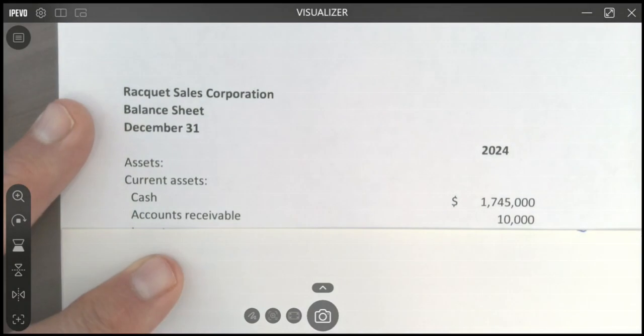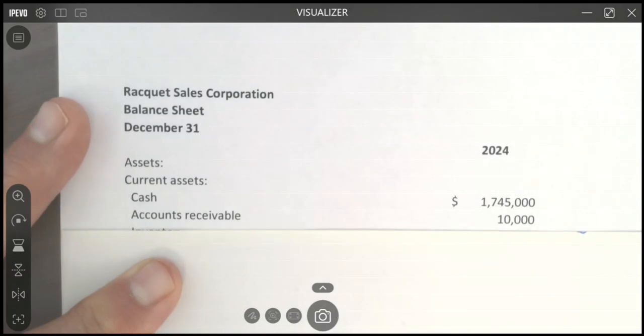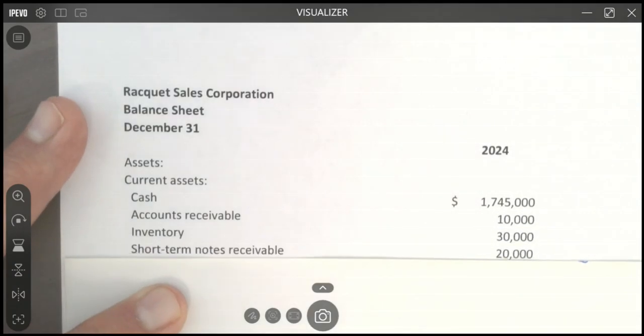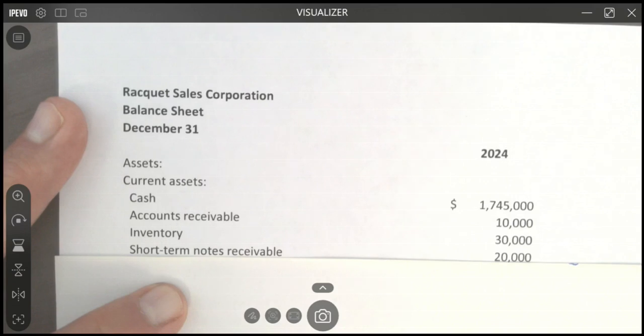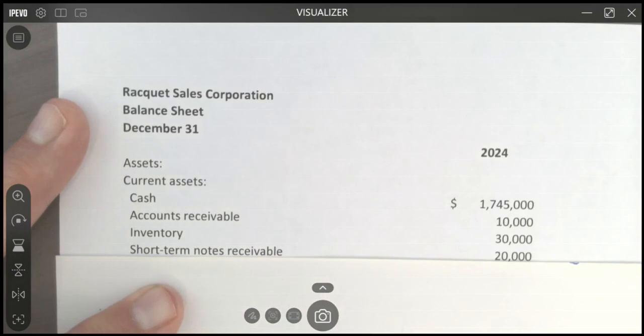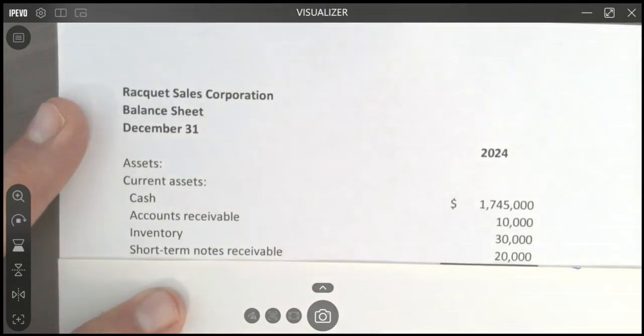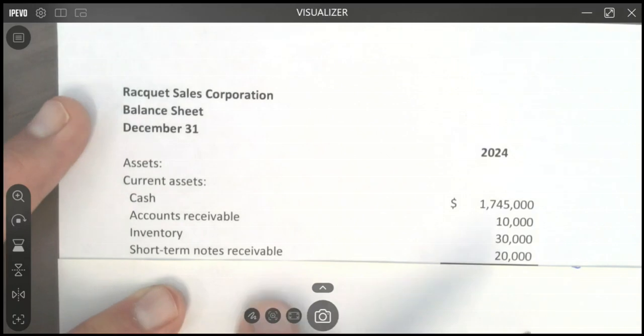The next two lines are short-term notes receivable. There's a $20,000 note receivable where the borrower has to pay the tennis division. There is not one at the racquetball division. Oops. I put those in a different order. Inventory.